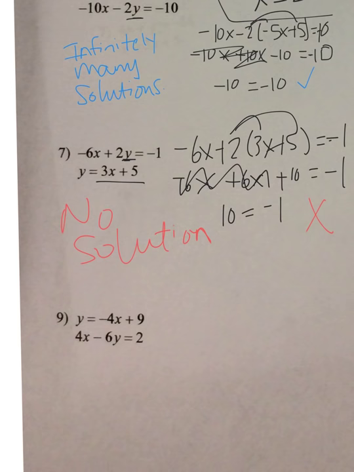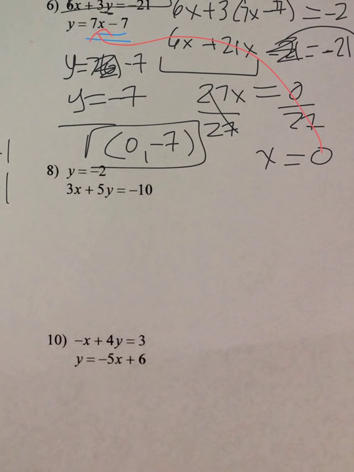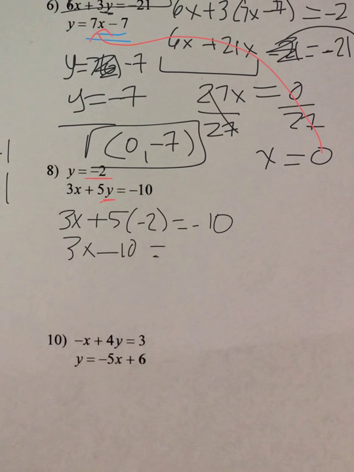Okay. Ah, this one's easy. Remember, you just plug this in negative 2 right there. So it's 3x plus 5 times negative 2 equals negative 10. 3x minus 10 equals negative 10. I move this to plus 10. That's 3x equals 0.